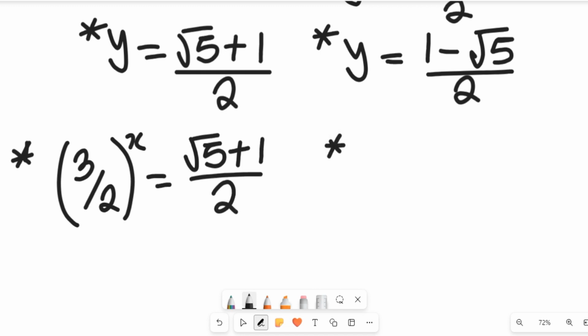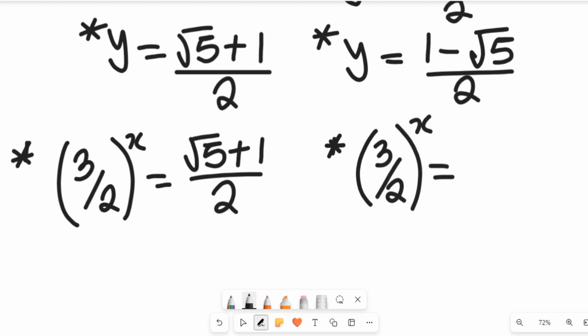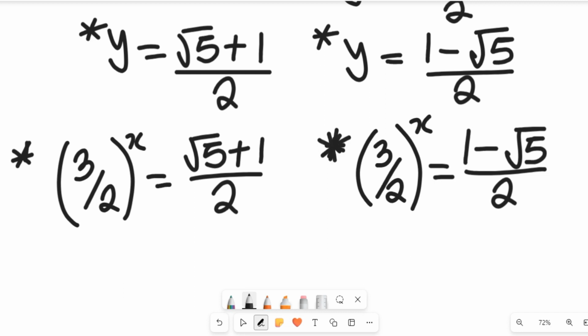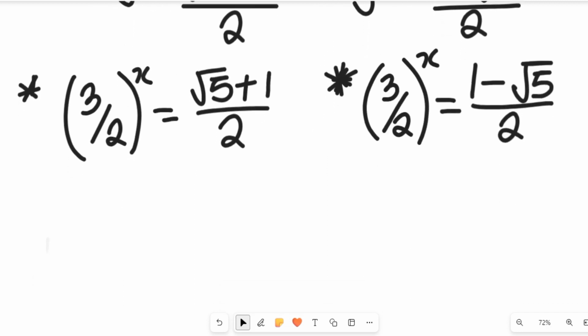While on this side, we'll have our 3 divided by 2 all to the power of x equal to 1 minus root 5 divided by 2. Now let's solve this first part, and then we can pay attention to the other solution.